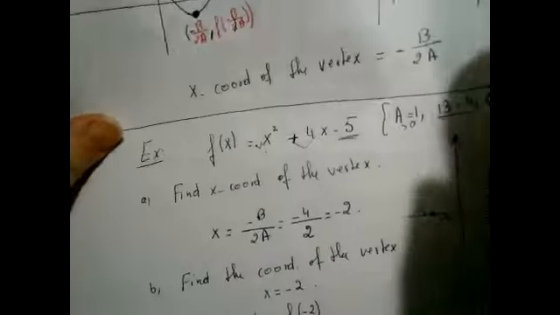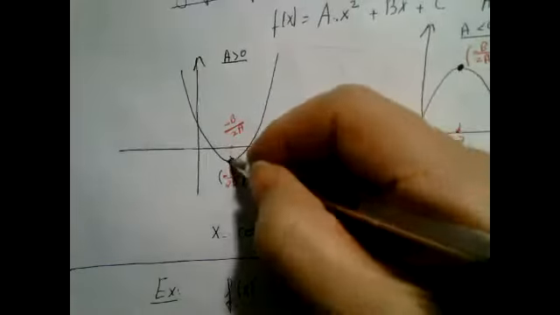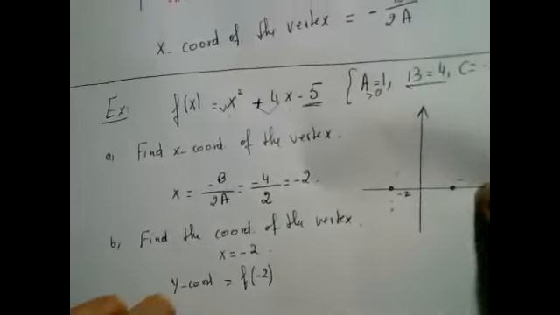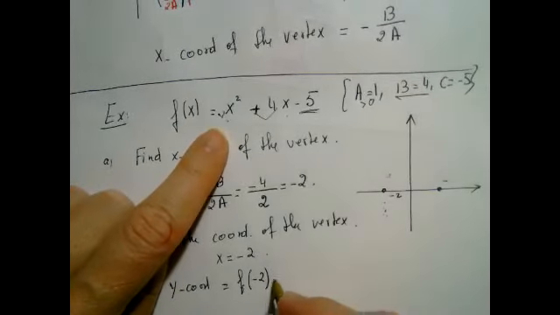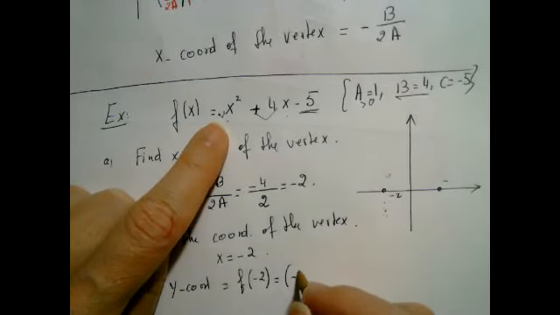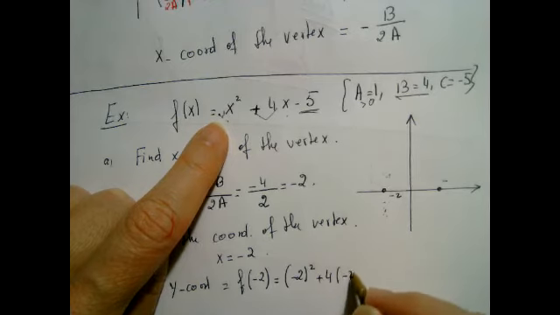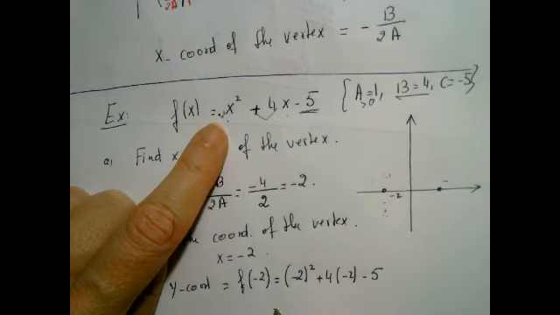It's on the graph, this point. So what is f of minus 2? It's minus 2 squared plus 4 times minus 2 minus 5. It means that's 4 minus 8 minus 5.